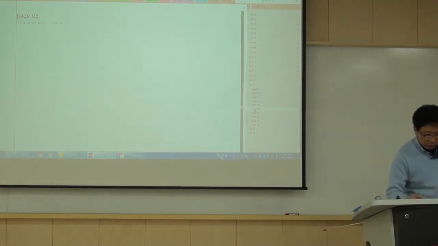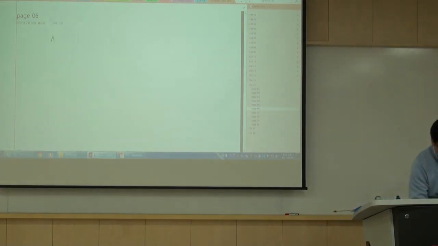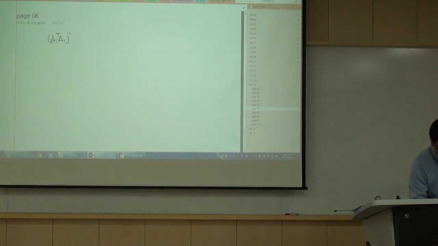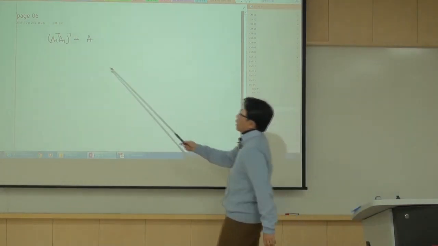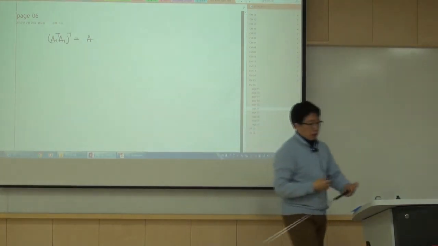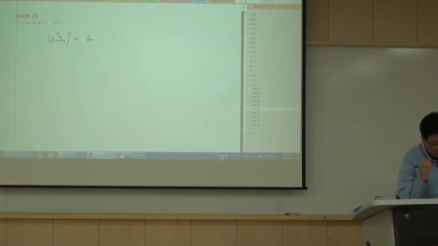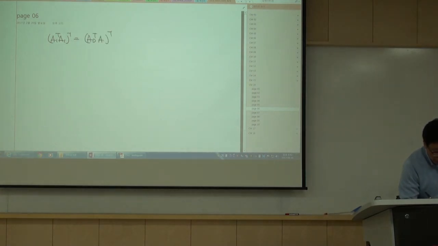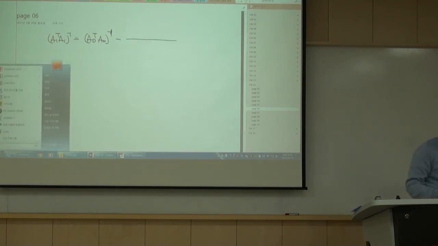And interestingly, the inverse of the Gramian of A1 is the inverse of the Gramian of A0 minus... let me copy, I do not remember the exact result.